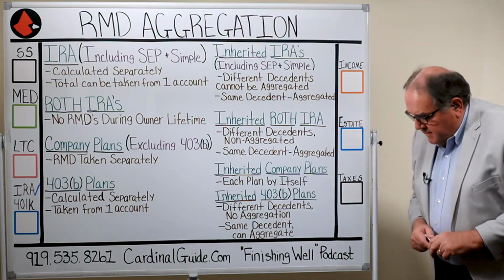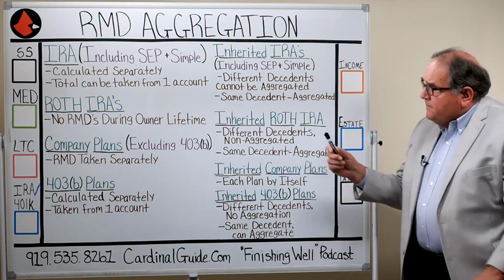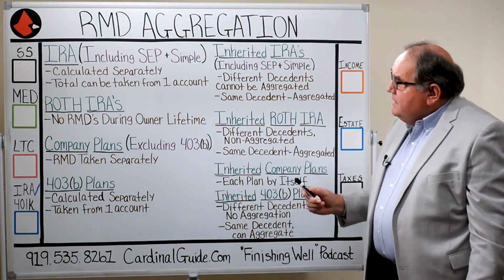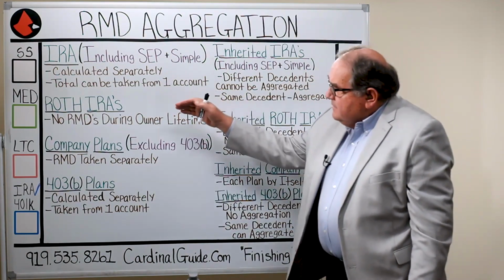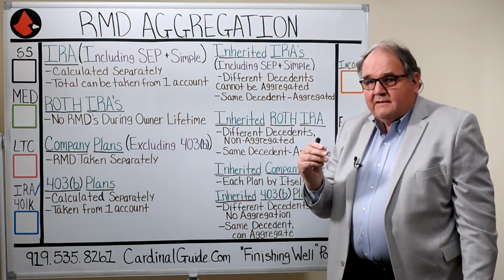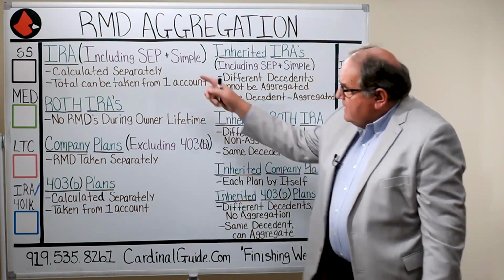Okay. So the left side of the board goes over which accounts you can aggregate. And you can't cross over from system to system.